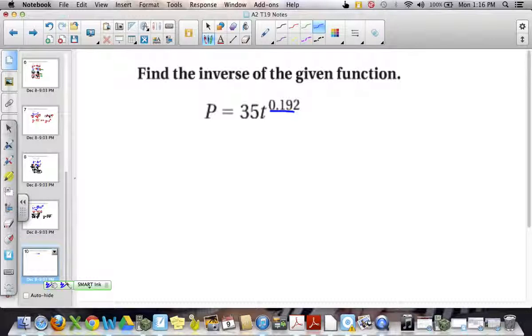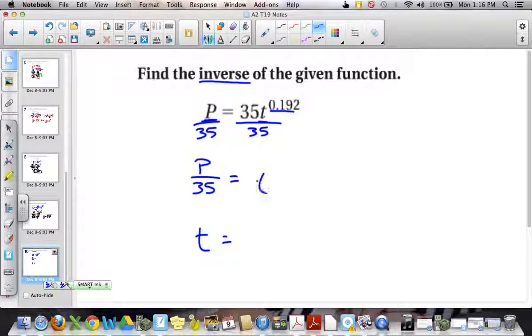Now, also, because p and t come from a context, we don't want to switch those when we find the inverse. We just want to solve for t. So we want to end up with a t equals equation, and that's going to be the inverse of this equation that I have. So to find the inverse, I'm going to get rid of that 35, so divide by it. So I end up with p over 35 equals t to the 0.192 power.